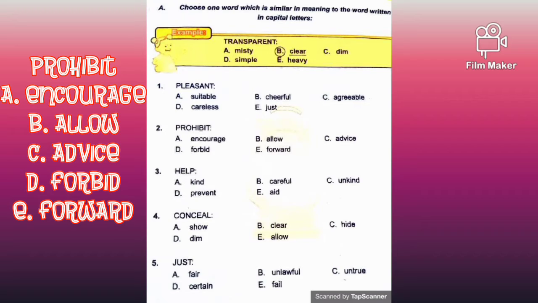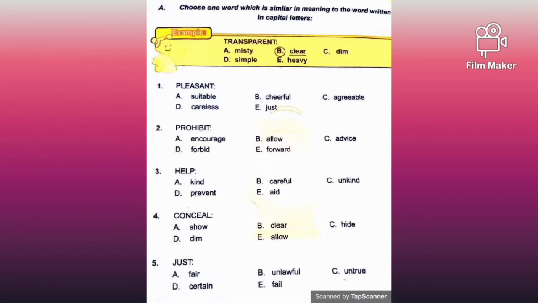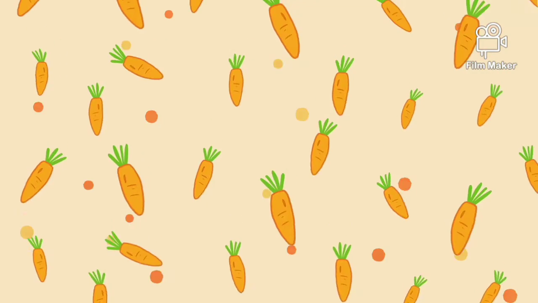Do you understand? Okay, so now which of these options actually means prohibit? We have forbid. So that is our answer. Do you understand? So with this, you'll be able to answer the others, right? Good. So let's go to the next slide.